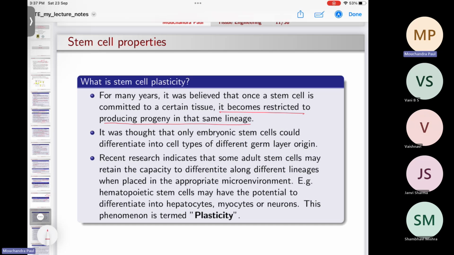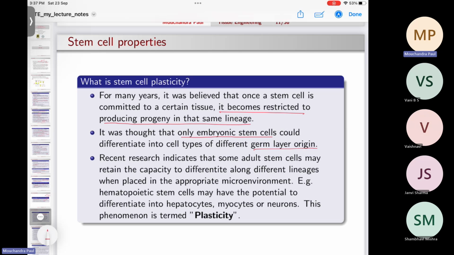Plasticity means it can give rise to any lineage. Okay, in this context, here the plasticity means this. So it is thought that only the embryonic stem cells could differentiate into the cell types of the different germ layers. Means complete plasticity is shown by only the embryonic stem cells. But now the recent research, as I told you, it's a very new field. More and more labs all over the world are studying these types of cells.